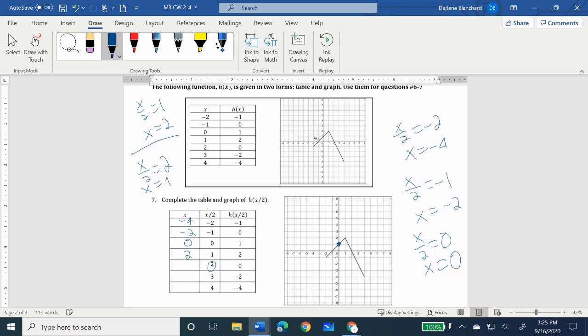Multiply by 2, get 4. If x over 2 is 3, what does x need to be? It needs to be 6. If x divided by 2 is equal to 4, x has to be 8.